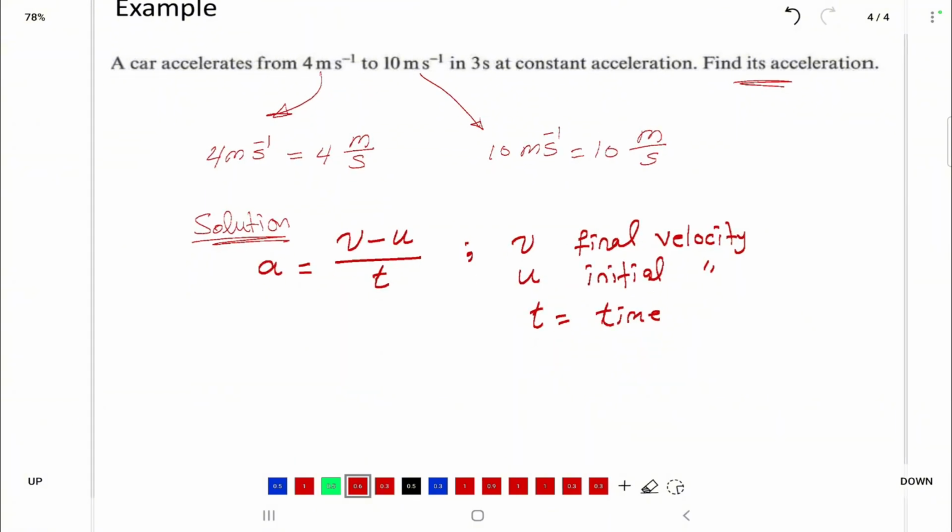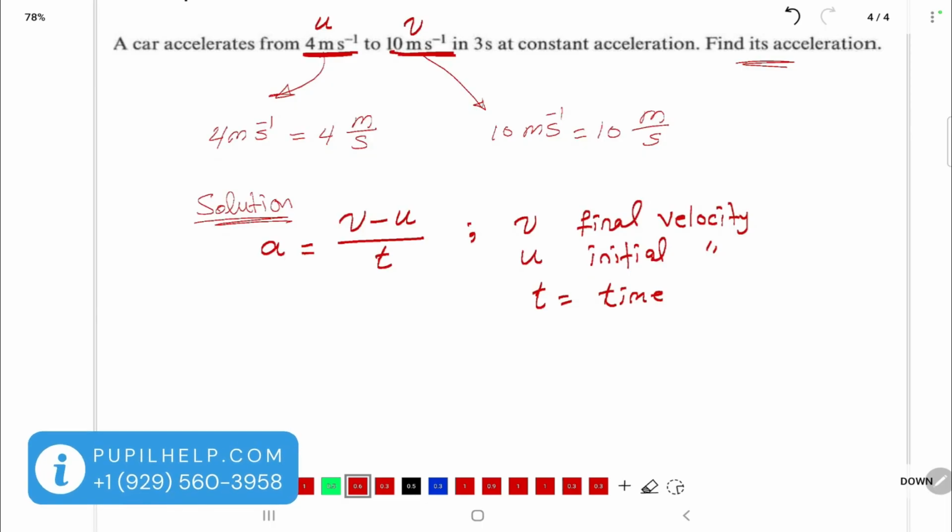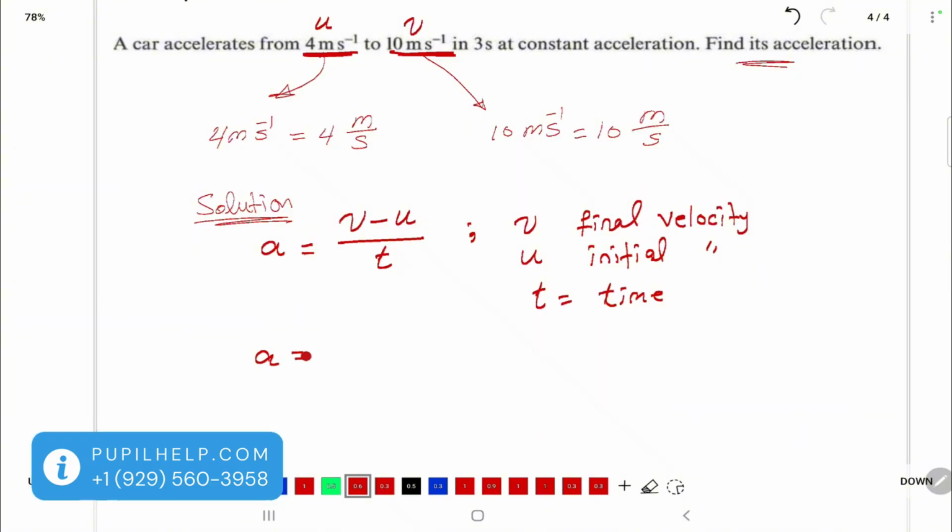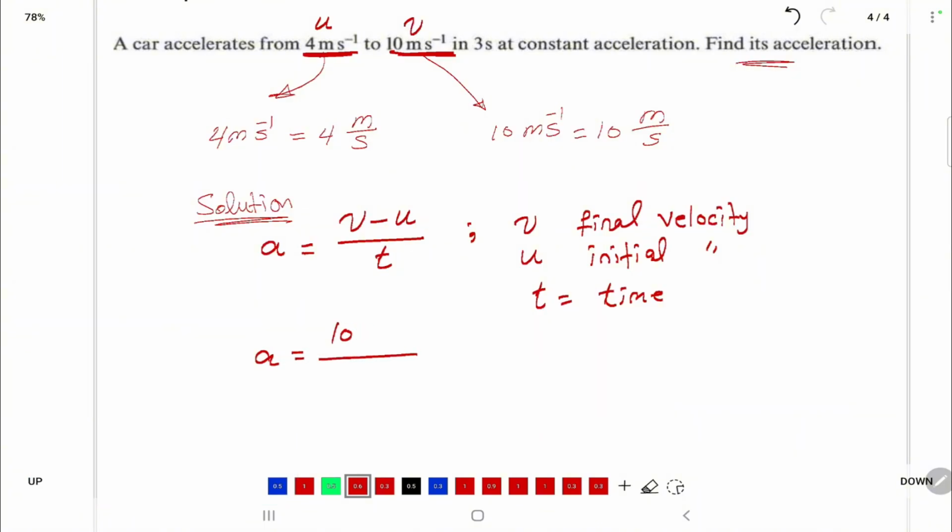In our question, the car accelerates from 4 to 10, so 4 is the initial velocity and 10 is the final velocity. This one is called u, and this one is called v. If we plug in these values, a will be (10 minus 4) over the time, which is 3.